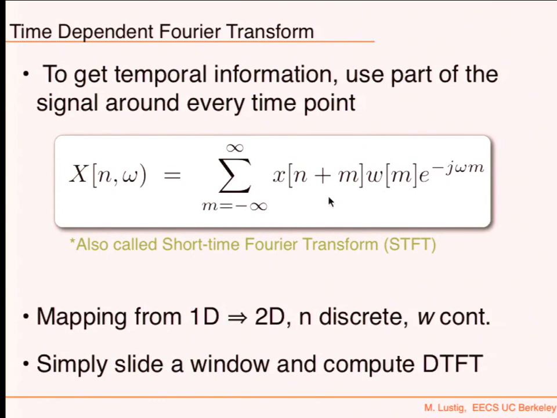Here's what it basically says. I'm going to take my signal, multiply it with some window that is finite, and compute the DTFT. Just imagine m equals 0. That means I have x of n, the usual one, multiplied by a window that is about 0, and I'm going to sum over all the m's.